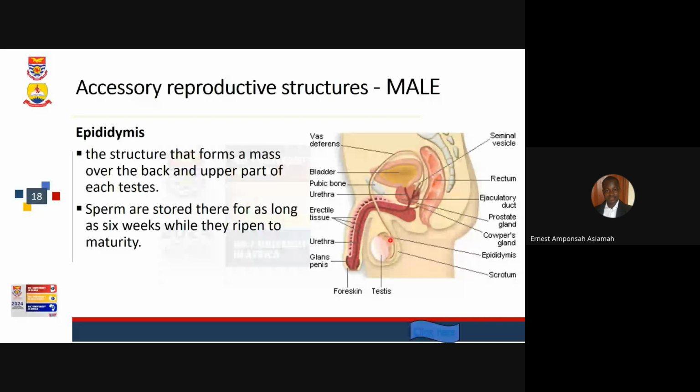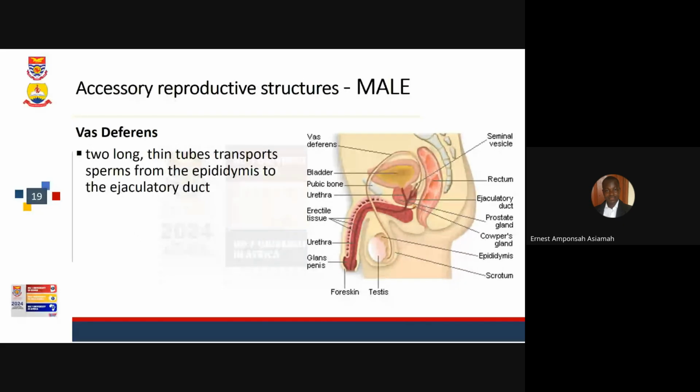Let's look at the epididymis. The epididymis is a structure, a mass that lies on the posterior, or the back, and upper part of the testis. So this is the epididymis, and this is where sperms are stored.